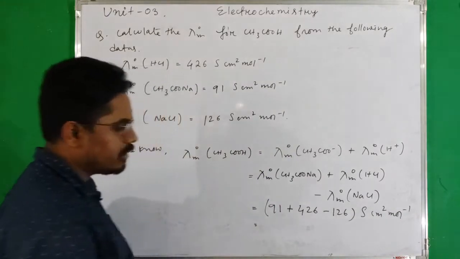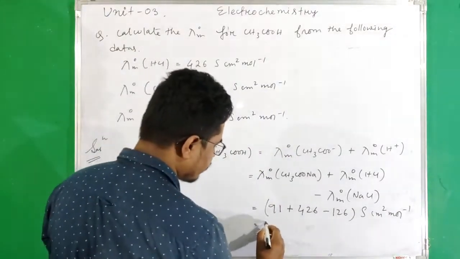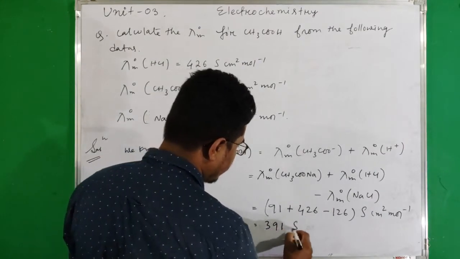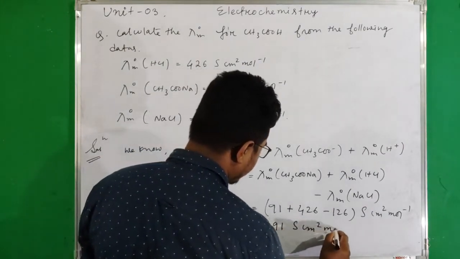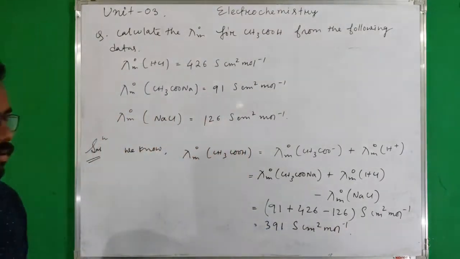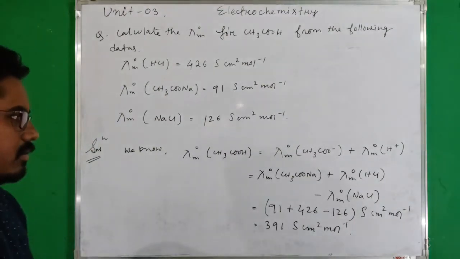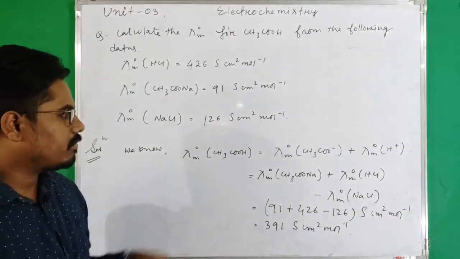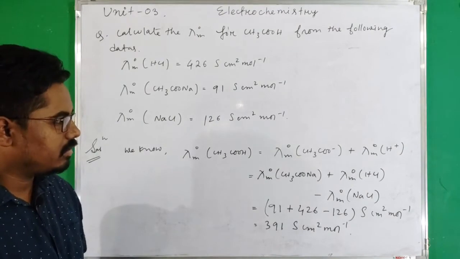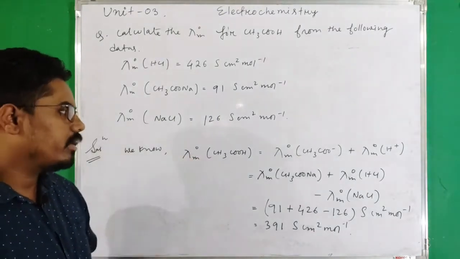So after calculating, the answer is 391 Siemens centimeter square per mole. So by using Kohlrausch law of independent migration of ions, we have determined the lambda m naught, or limiting molar conductivity, of acetic acid, which is a weak electrolyte.